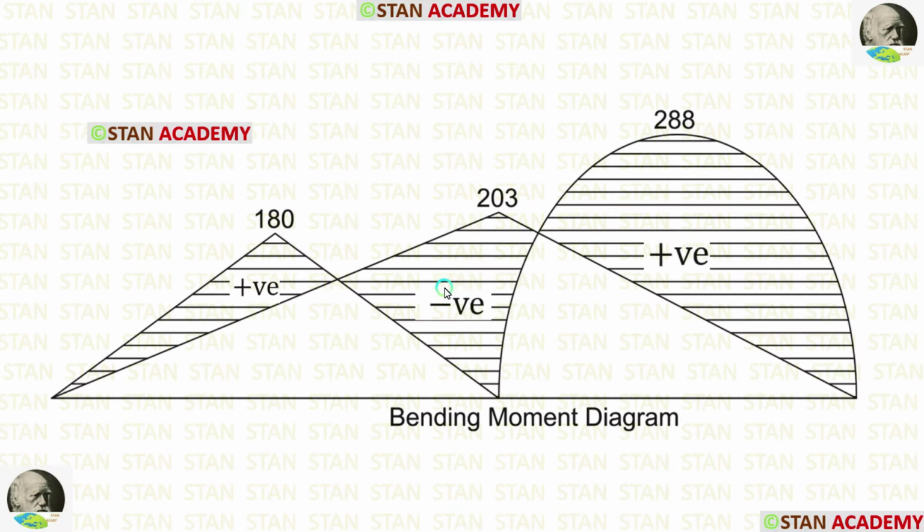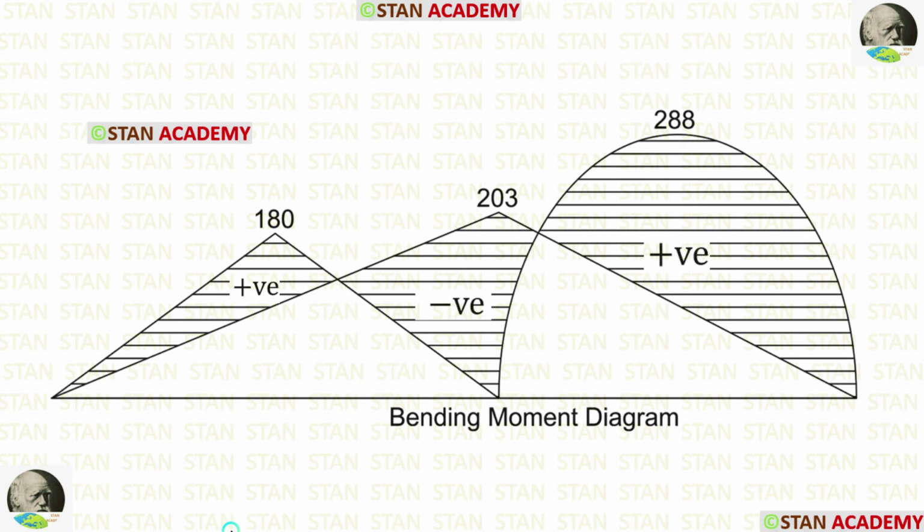After combining, wherever they are acting alone without mingling, we have to mark them. Here we are having the free moment diagram alone, so we are marking as positive. Here end moment diagram, so negative. Here free moment diagram, so positive. Then we have to mark the values also.